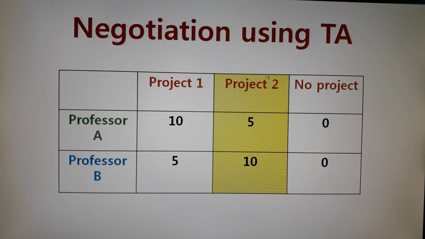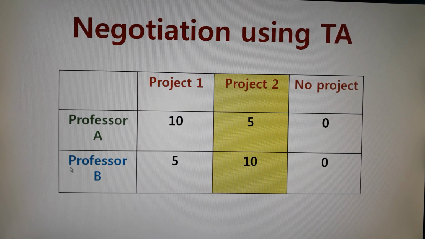Okay, where were we? We were here, where Professor A sent the TA with the order that the TA should never choose project 2. He is rather allowed to do no project, but never project 2. So this project 2, the yellow one, is kind of the bridge behind which Professor A has burned.